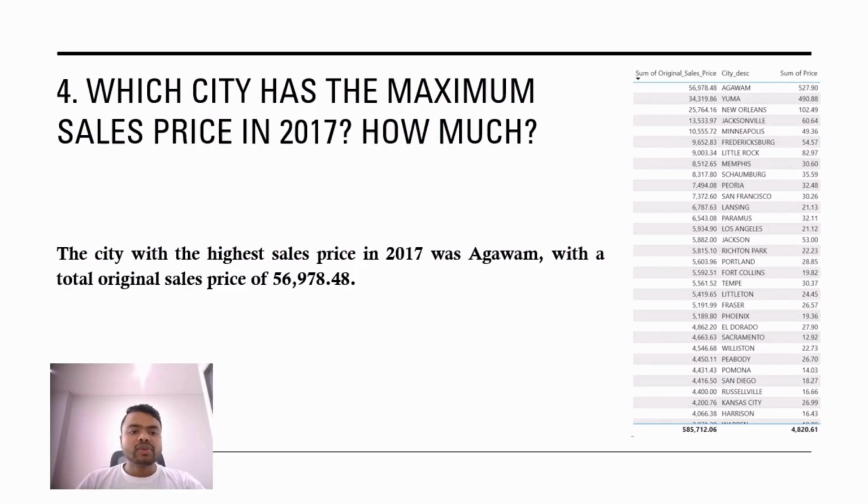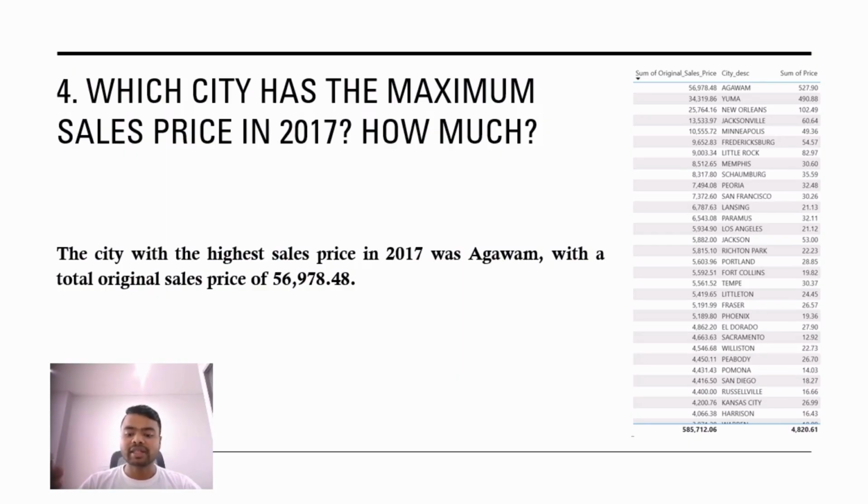So the next question is, which city has the maximum sales price in 2017, and how much? Agawam reported the highest original sales price in 2017 at $56,978.48. We filtered the dataset in Power BI for the year 2017 and created a table visual displaying the sum of original sales price grouped by city dex.